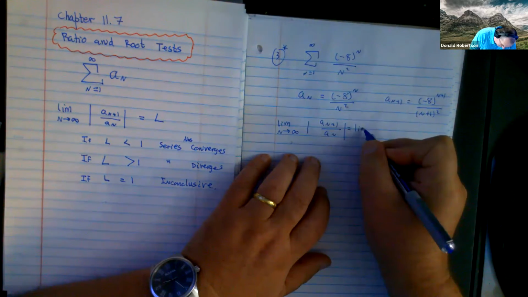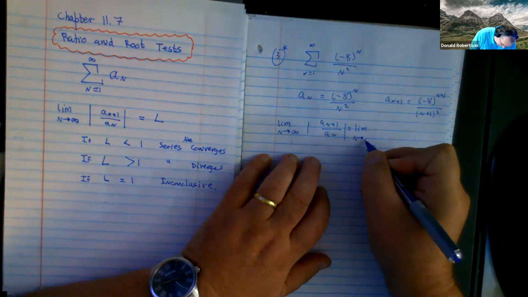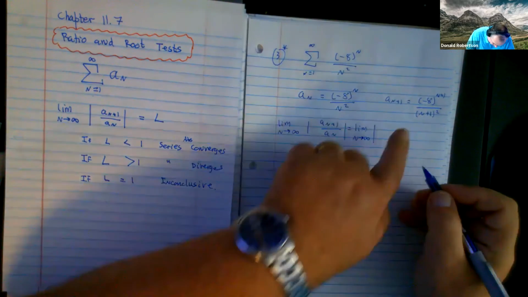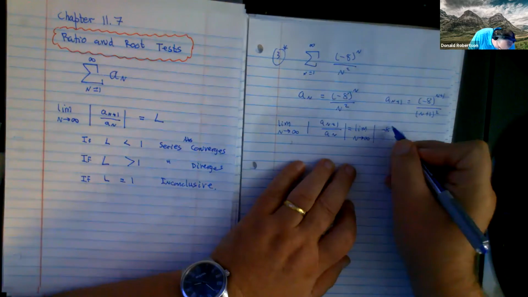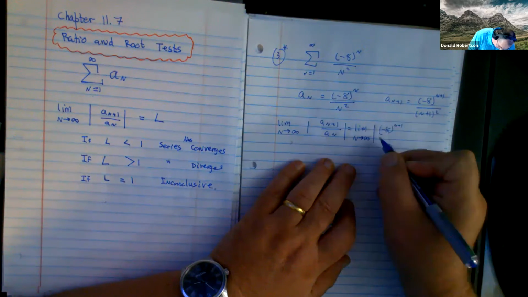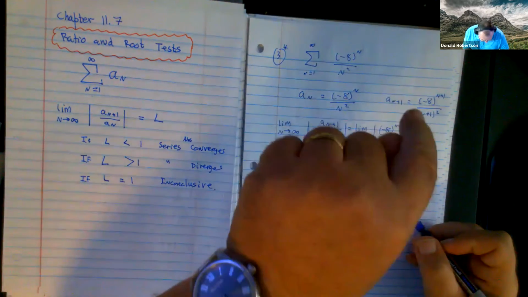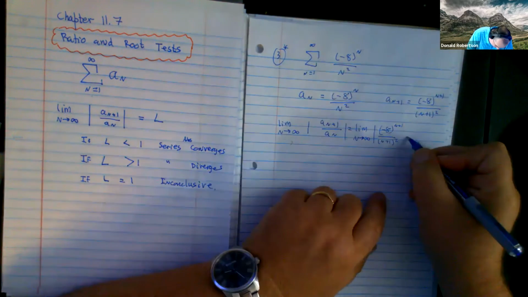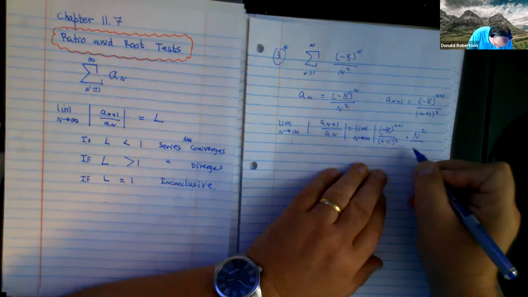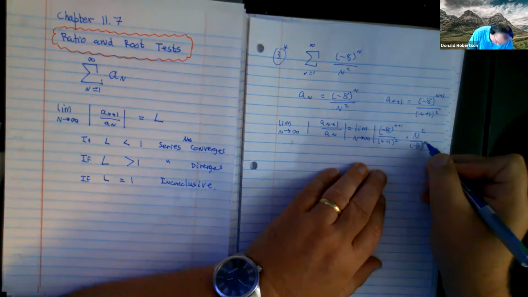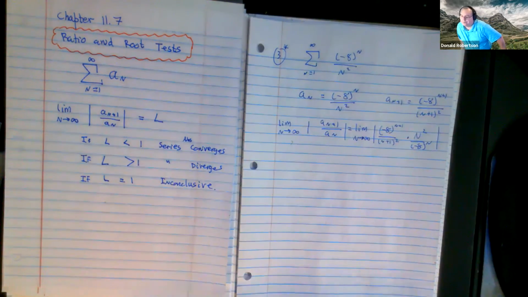That's going to become the limit as n tends to infinity of an plus 1, which is this guy, technically divided by this guy, but that's the same thing as multiplying by its reciprocal. I'll pause. Are we good up to this point? Are you happy about where things came from and what they ended up looking like?